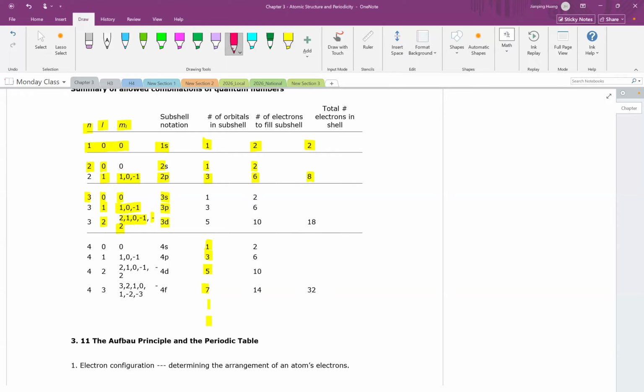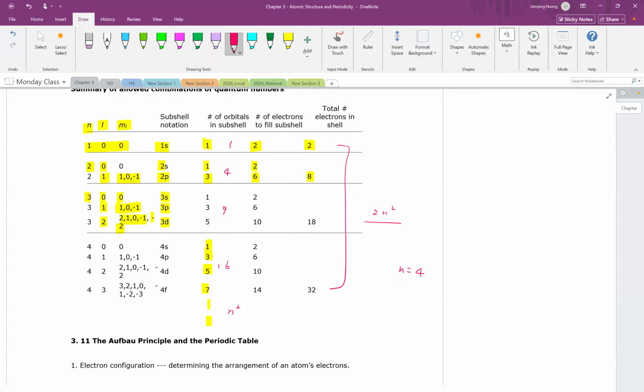What's this? That is 1, 4, 9, 16, which is n squared. So for all electrons, should be 2n squared. So n equals 4.